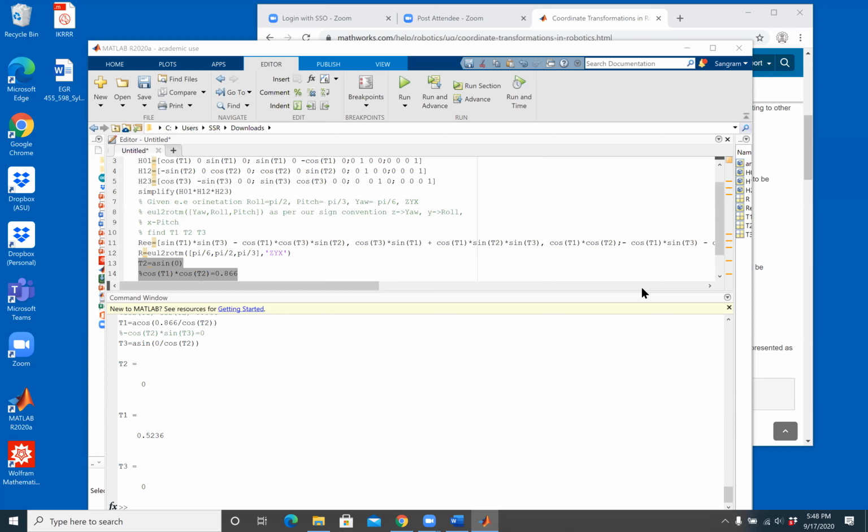Large picture, at this particular orientation, only one angle is required. But in some other orientation, all three angles could be required. In this particular orientation, roll, pitch, and yaw, it turned out that by just turning one angle and keeping the other angles 0, we were able to get the required orientation, but it may not happen all the time.